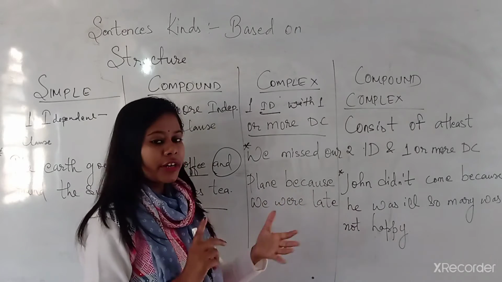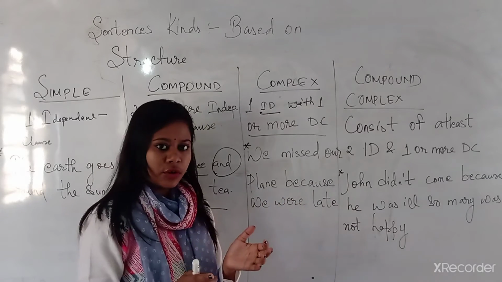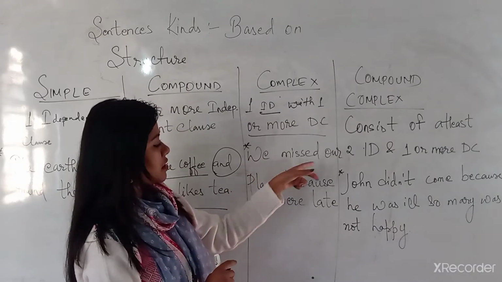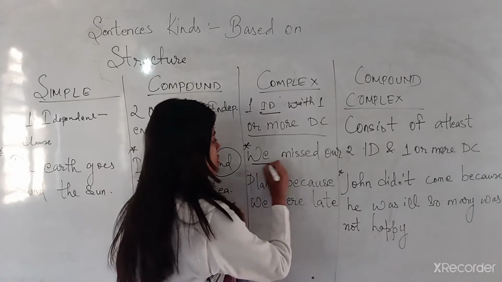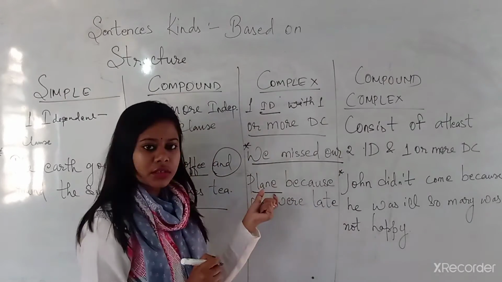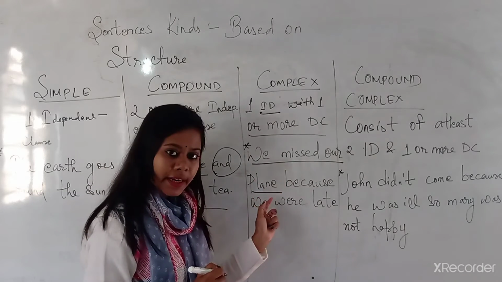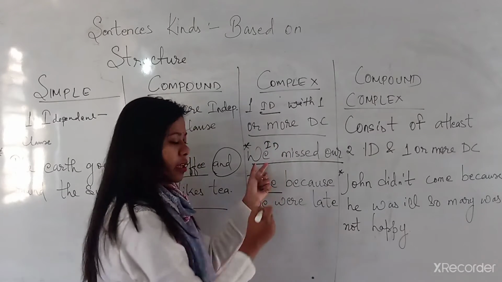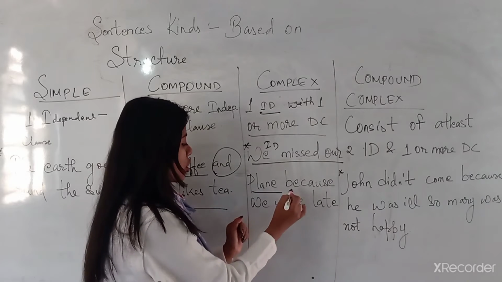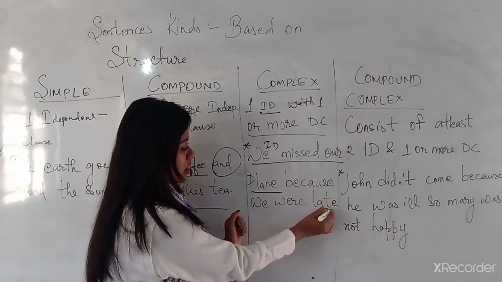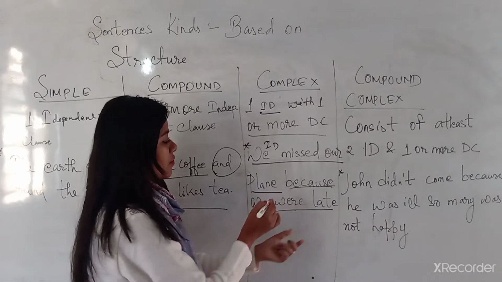Yes, you already know what clauses are and the types of clauses. Yes, so see here: we missed our plane. This is what? This is one independent clause. Okay, independent clause, and because we were late. Because we were late.